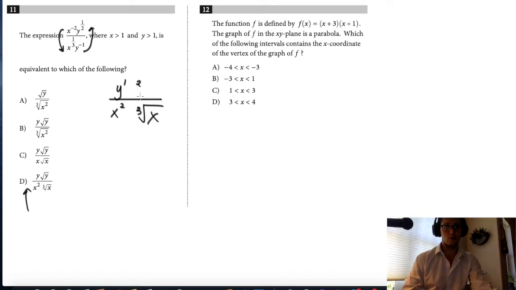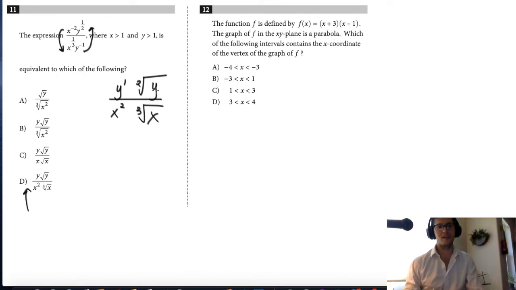It's just a 2 root of y. Cube root, square root, sorry, I misspoke, but I wrote it correctly. The square root. Right? And this 2 can be left out. It's implied, and that's what the answer choice does. It just has the normal square root. The 2 is just clarifying that we're talking about a second root, which is unnecessary, but just so that you can see the relationship between cube and square root.